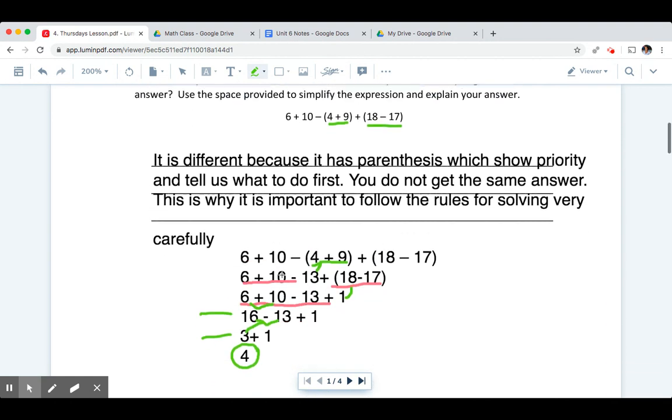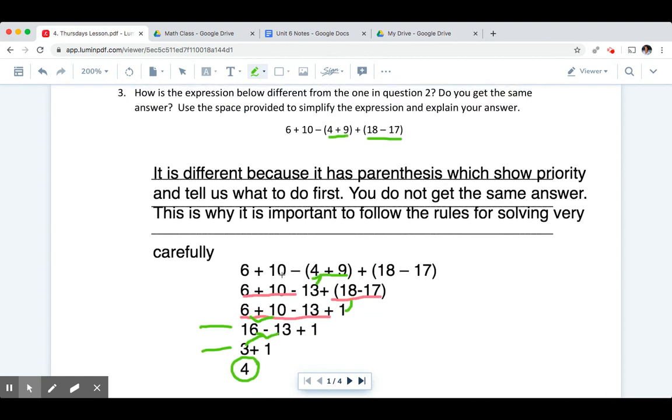So remember, as you're solving, if you have parentheses, you always do the parentheses first. And then you follow the other rules of multiplication and division, have a higher power. But if there is no multiplication and division, and just addition and subtraction, then you solve from left to right.